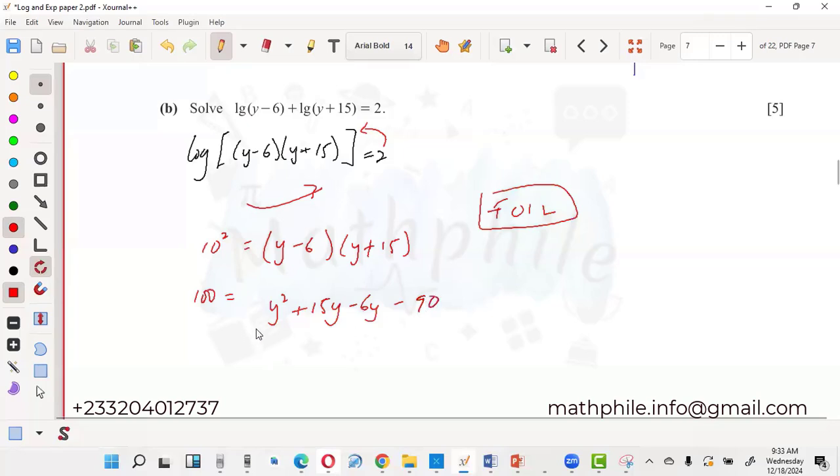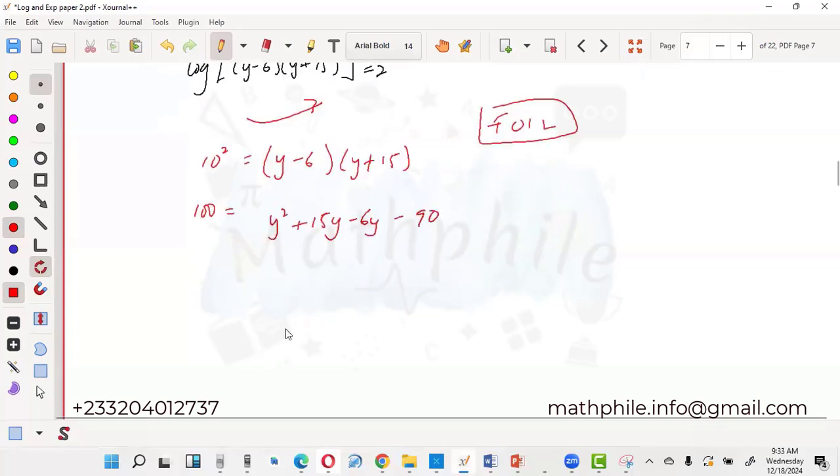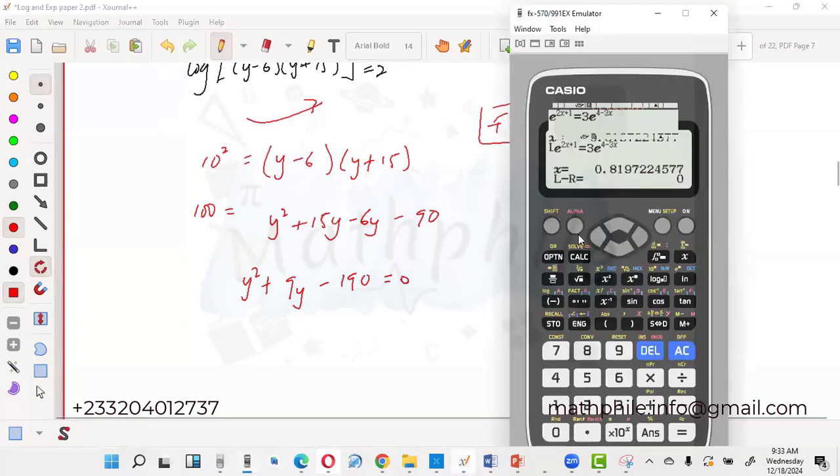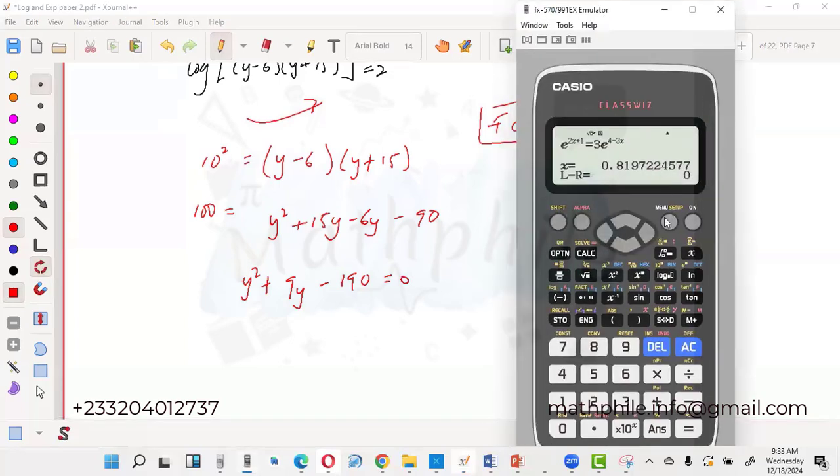Okay, so the 100 goes to the other side. So y squared plus 9y, then this would be minus 190. Did you get this?